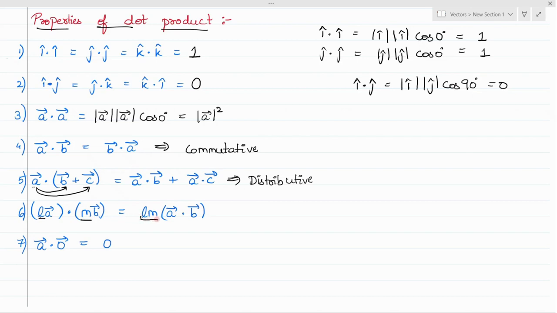So l multiplied with m gives a number, and the remaining is a dot b. The last property is a vector dot product with the null vector is a null value, that is 0.